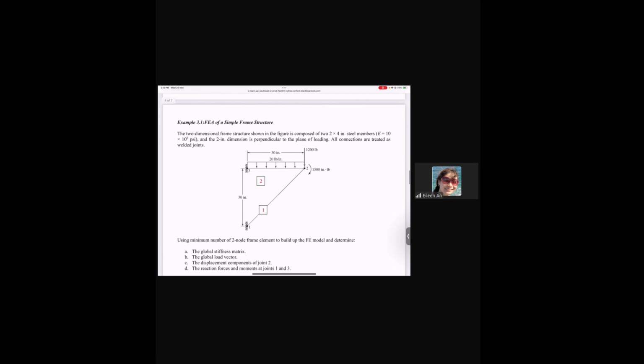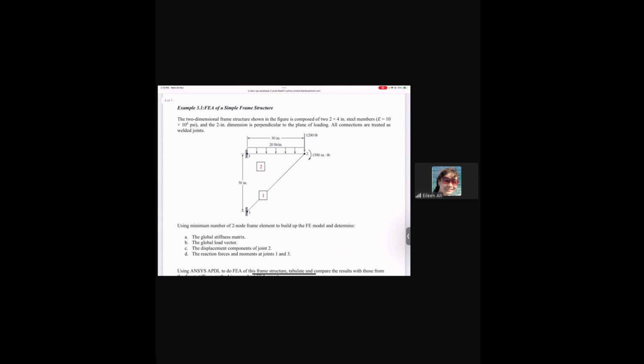Okay, here's the question. Have a look. And then can you tell me, to solve this problem, how many nodes do we need? How many elements do we need? And how many degrees of freedom does the node have?